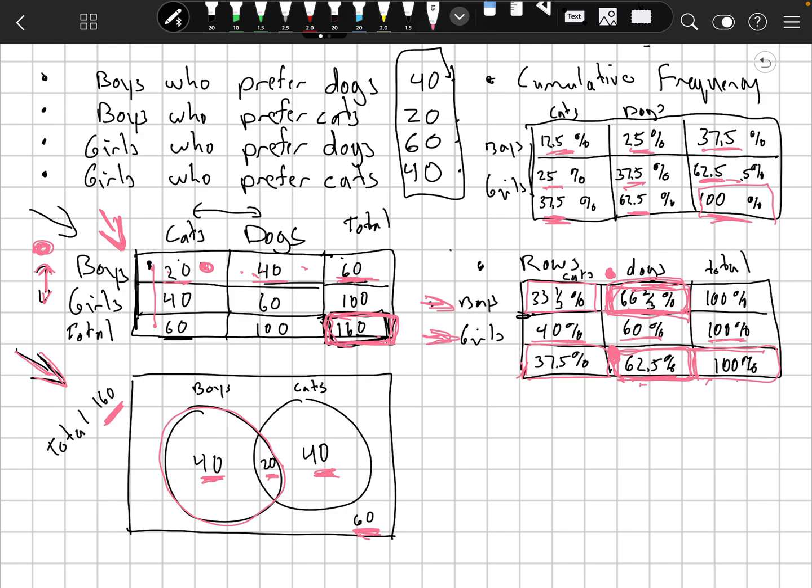Now, the further these numbers are apart, the more likely it is that boys and dogs have some kind of relationship there. And in this case, as this number gets higher up here, and this one gets lower down here, that means boys are more likely to like dogs. And so there's kind of a link or an association between those two variables. If you're a boy, you'll probably choose a dog over a cat.